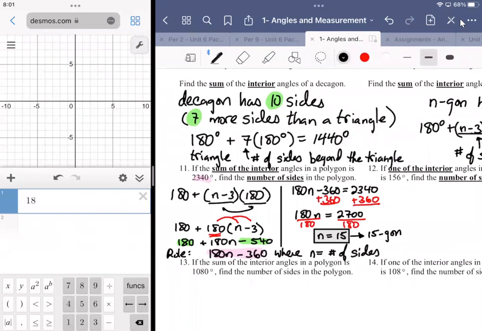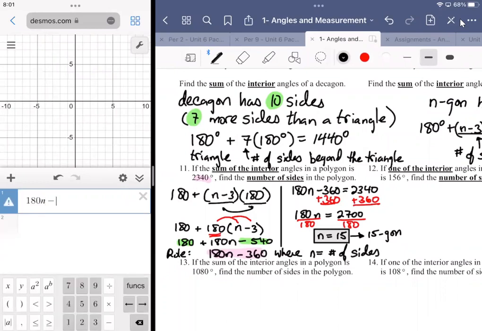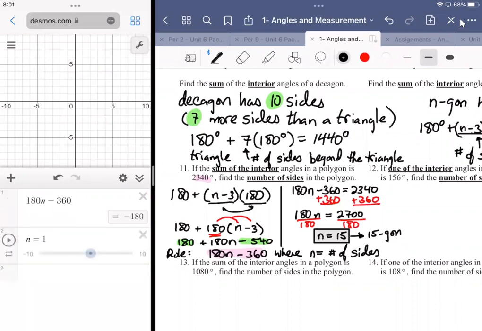If I type in 180 n, see it says add a slider, so I'll do that in a minute, minus 360, you tap on the n, and it brings up a slider, and that slider can be toggled to whatever you want it to be. Now, the default setting is to go negative 10 to 10 in 10th unit increments.